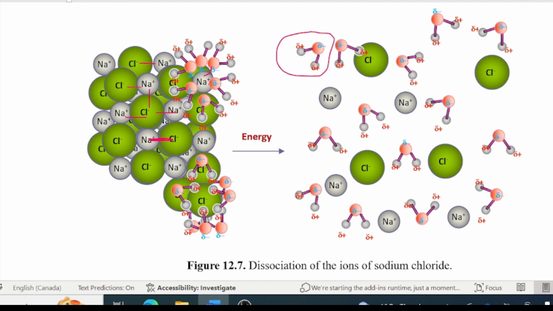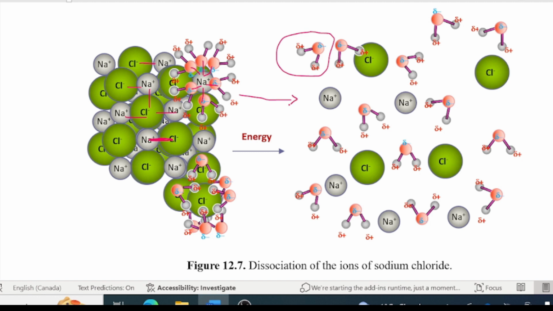Each one of these is exerting an attractive force on the sodium ion. And the cumulative effect of all these large number of small forces being exerted on the sodium ion eventually rips it away from the crystal.